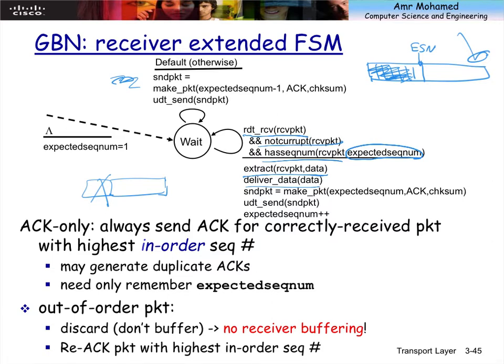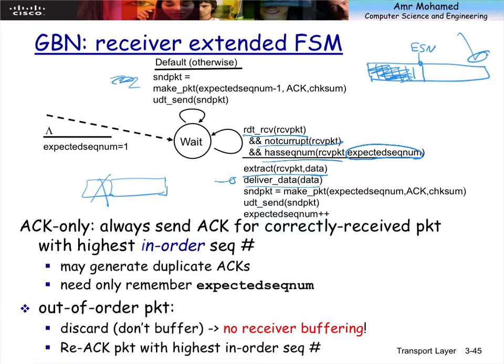Of course, the delivered data is always in order. We'll see even for the selective repeat, sending the data to the application is always in order. Even in the case of selective repeat. This is an indication to you: when do we call deliver data? Deliver data means send the segment to the application layer.